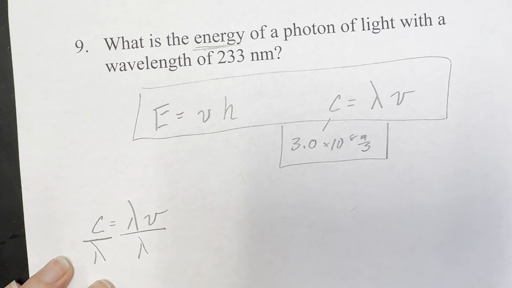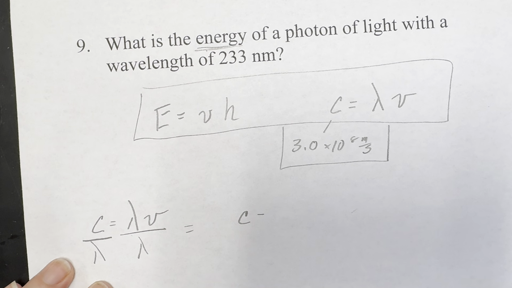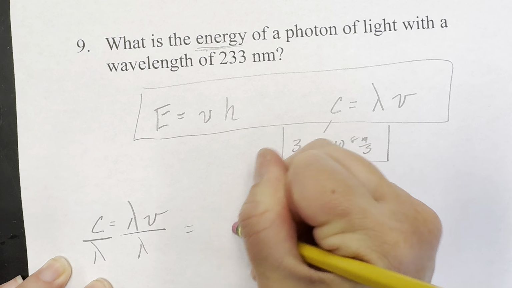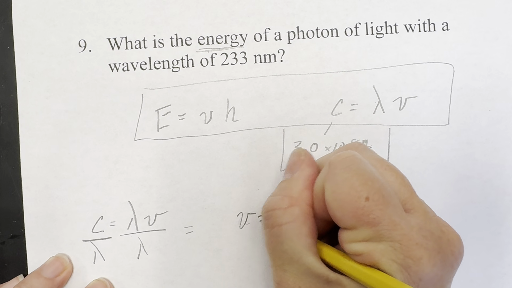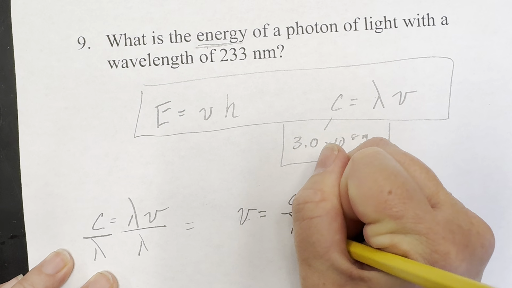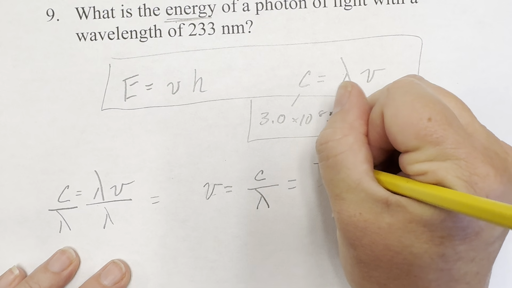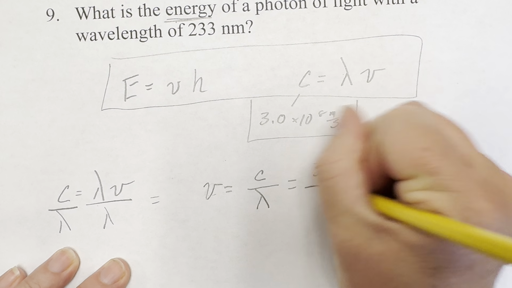So I'm going to divide each side by wavelength. So the frequency, which is the symbol nu, is going to be equal to your speed of light over your wavelength. Speed of light is 3.0 times 10 to the 8th meters per second.